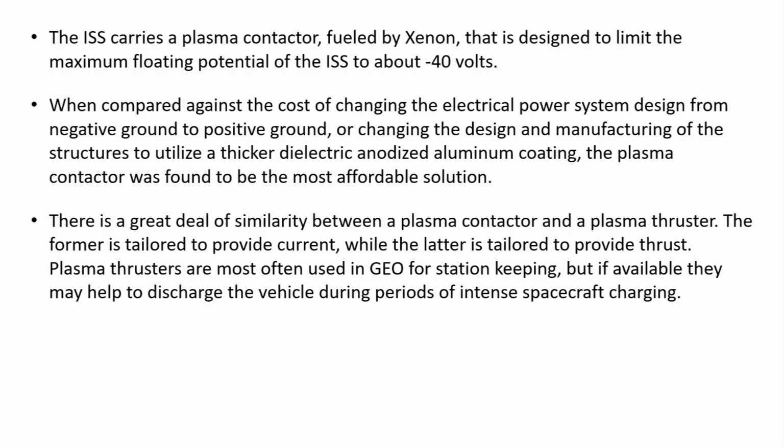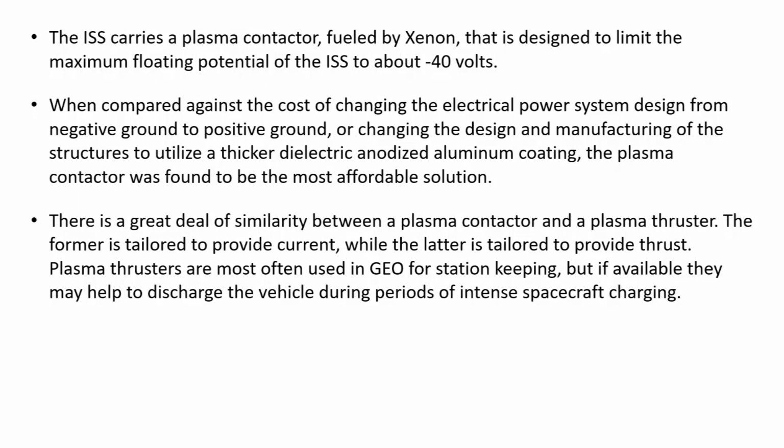As I said, it generates a low energy plasma, which will attract plasma species that recombine with the accumulated charges of the spacecraft and reduce the potential. Basically, it is tailored to provide current, while a plasma thruster is tailored to provide thrust. So the purpose is different.